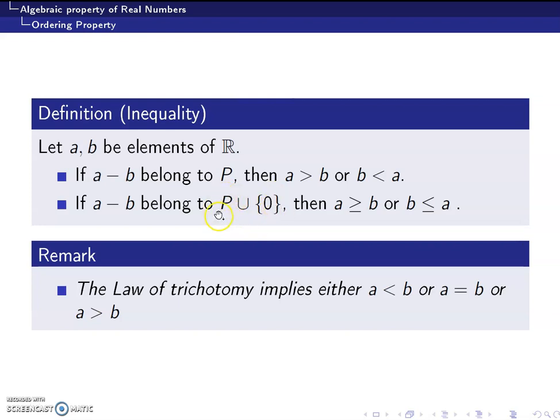A minus B belongs to P implies A is greater than B. A minus B equal to 0 implies A equals B. If we add both of them together, we can safely say that A is greater than or equal to B, or B is less than or equal to A. So A greater than or equal to B implies A minus B belongs to P union the set 0. So using the ordering property, we have successfully defined inequalities in real numbers, which helps in comparing any two given real numbers.